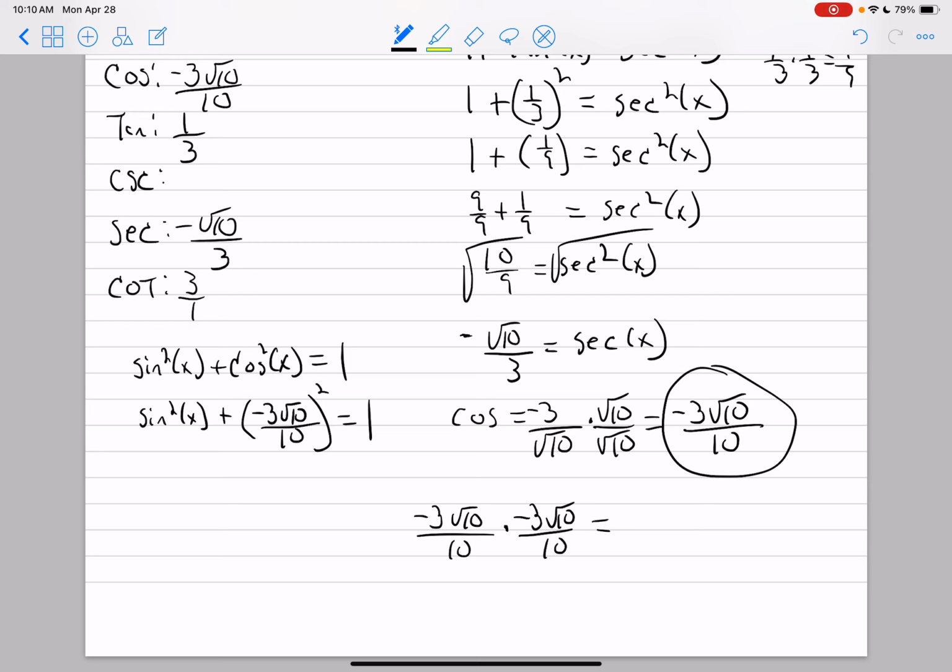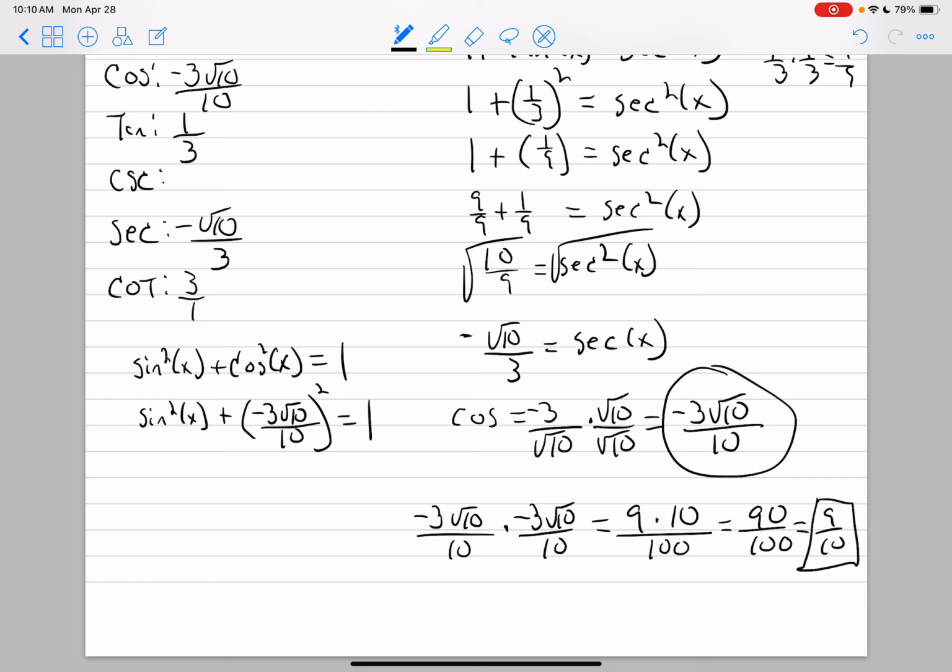Negative 3 times negative 3 is 9. Root 10 times root 10 is 10. 10 times 10 is 100. So this becomes 90 over 100, which simplifies to 9 over 10.